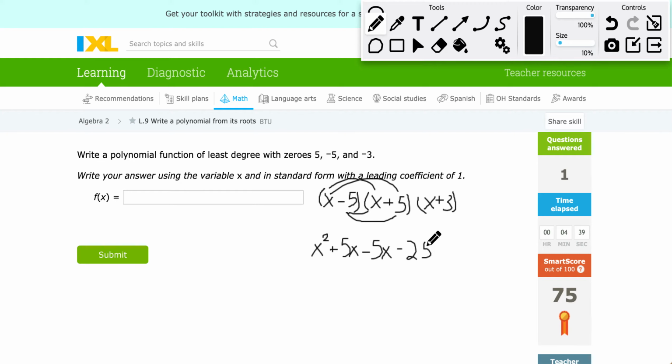So before I bring in this last set of parentheses, let's simplify this. Well, +5x and a -5x, the same variable, are going to cancel. So I'm going to have x squared minus 25. And then that's going to be distributed by x plus 3.